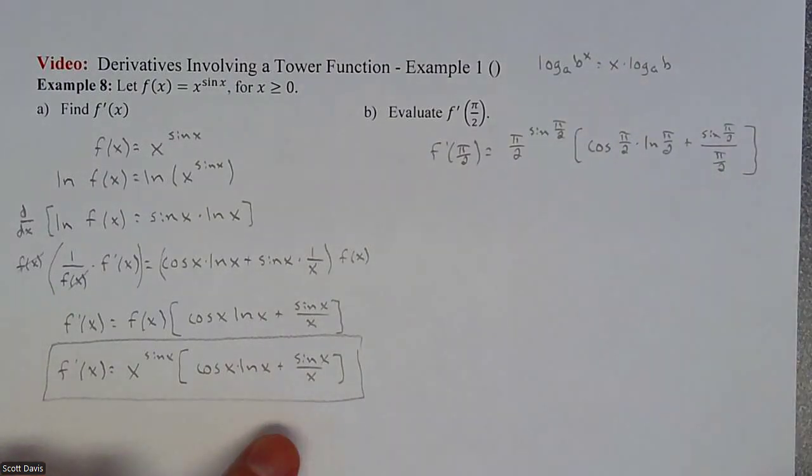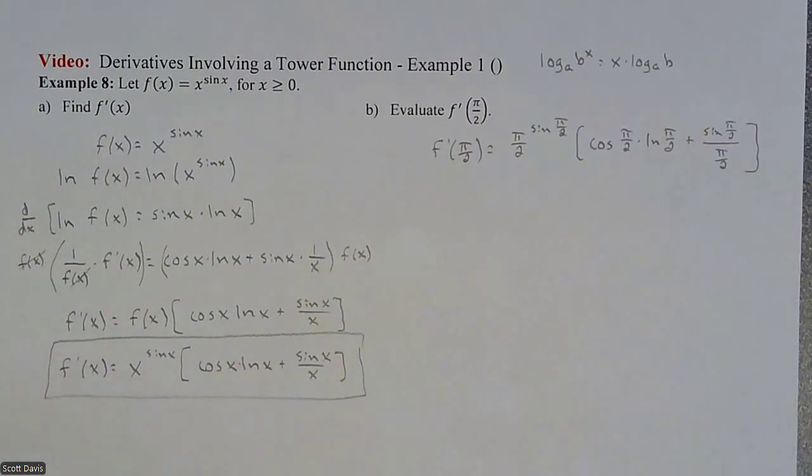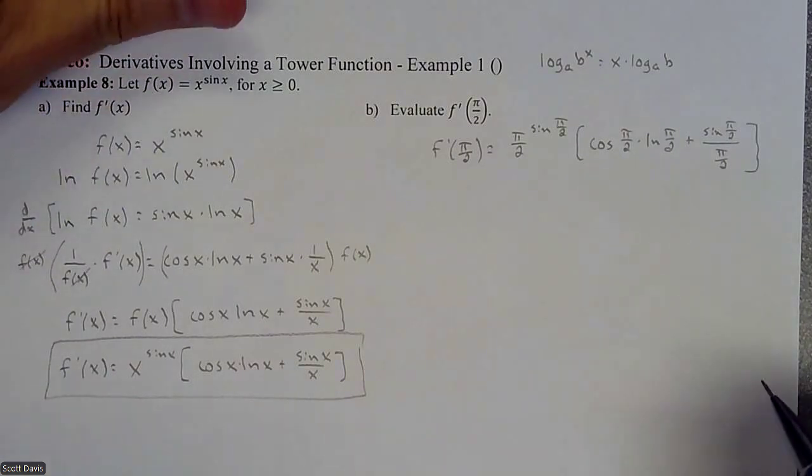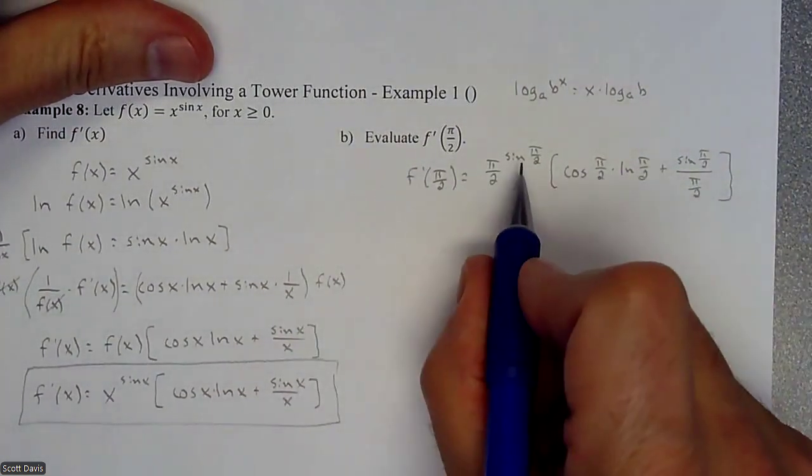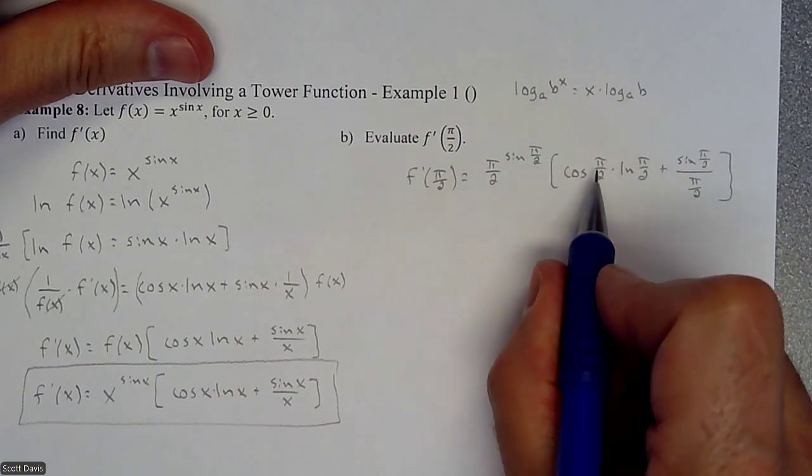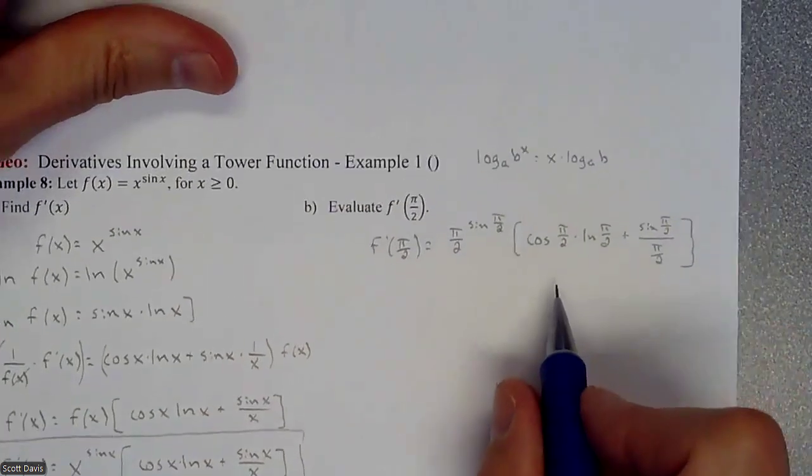Okay, so we got a lot of little pieces to go. So I need to figure out some trig stuff. What am I going to get when I do sine of pi over 2, cosine of pi over 2? You can pull that information from a unit circle.